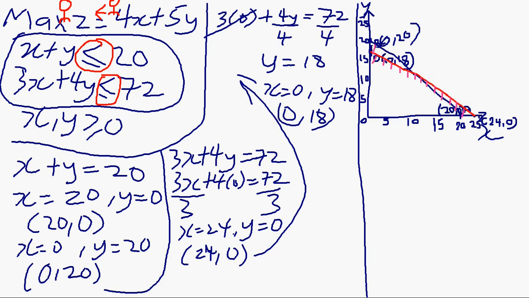Right, and also this side of this line. Do we understand it up to this point? Do we understand why the feasibility region is here? Because of this sign. Is it okay?